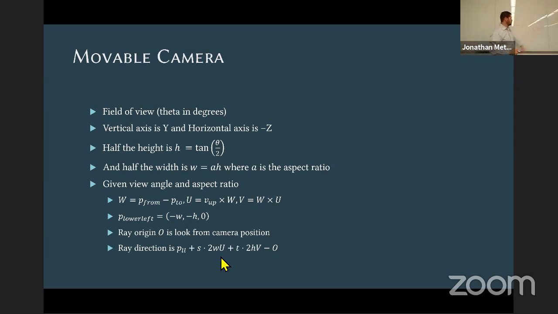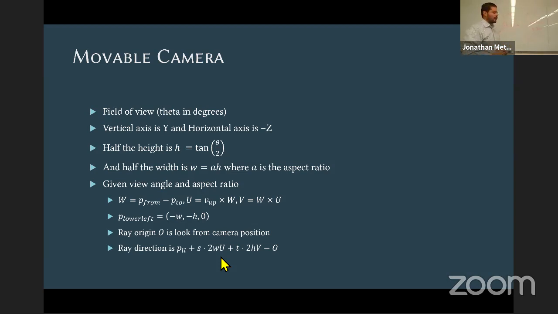Now if we have T equals 0, we'll end up getting a point down here. For T equals 1, we get a point up here. But it's going to be along the direction for V. So if the camera is stationary and we haven't moved the camera, V is pointing up. V is 0, 1, 0, right?